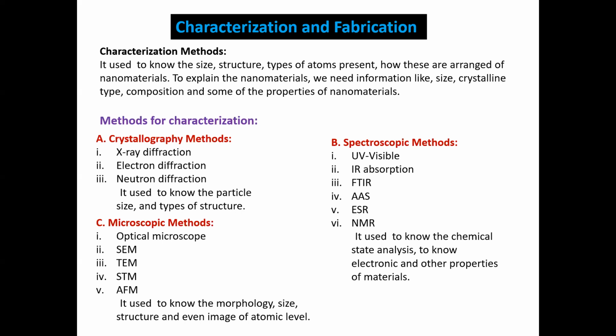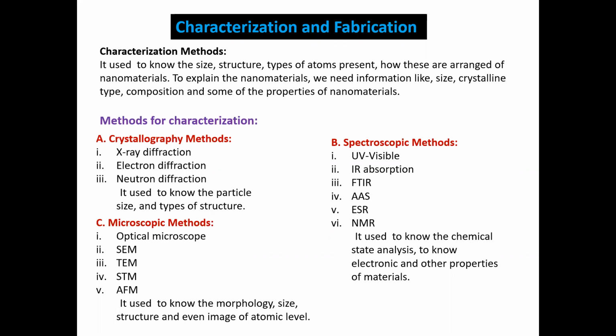This is the equation given as the extinction efficiency, Q extinction, and it is simply C extinction divided by the cross section of the particle. So Q extinction is equal to C extinction upon pi r square.